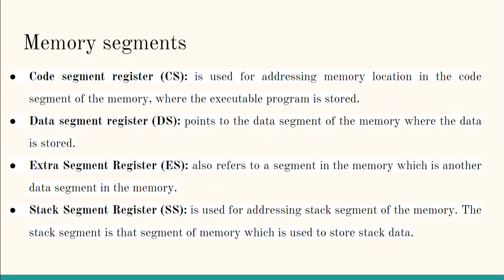We call that program the code, and that code in binary format is stored in the code segment. The data segment stores the data on which the processor will be operating. The extra segment is nothing but another data segment. If your data segment falls short, we can use the extra segment for storing data values.